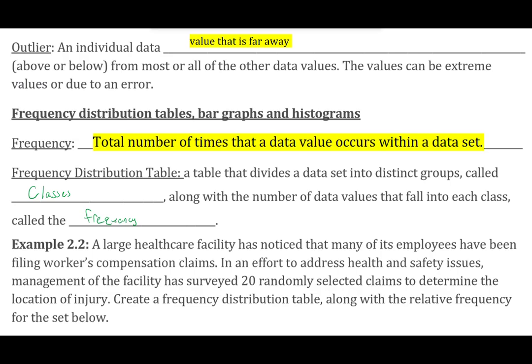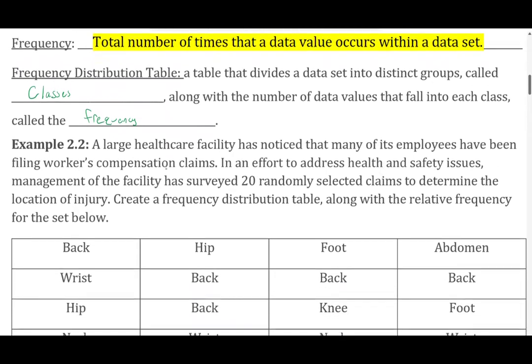So again, frequency distribution table, or we don't really need the word table, frequency distribution is just the table of the frequencies. A frequency distribution table breaks the variables into groups or classes. Again, these variables could be either categorical or numerical, along with the number of times that those data values occur, called their frequency. Let's look at an example here.